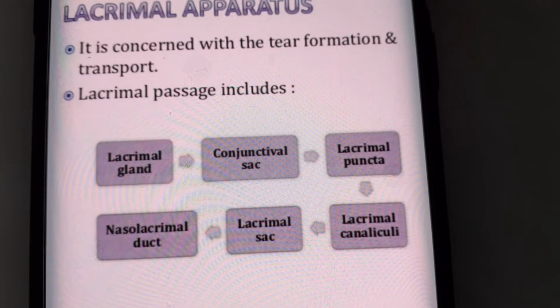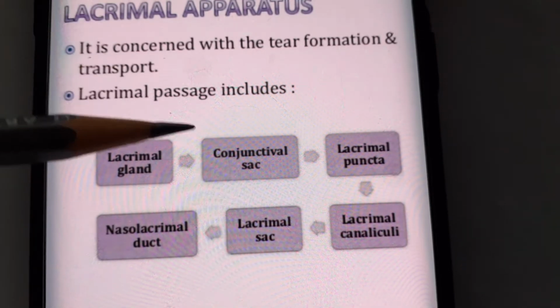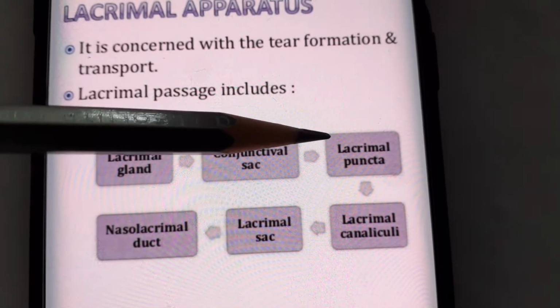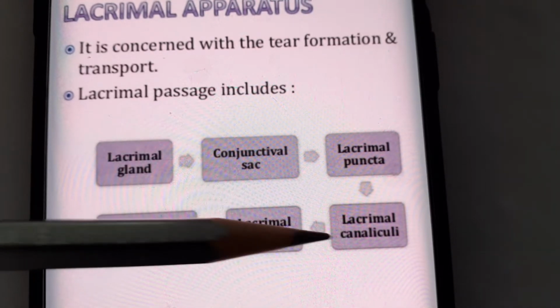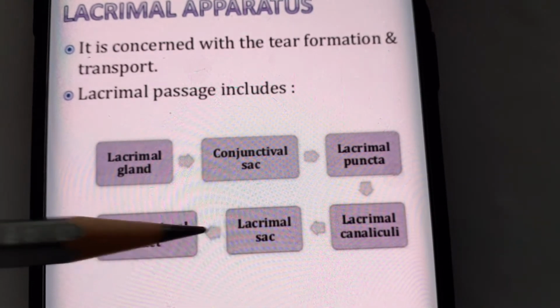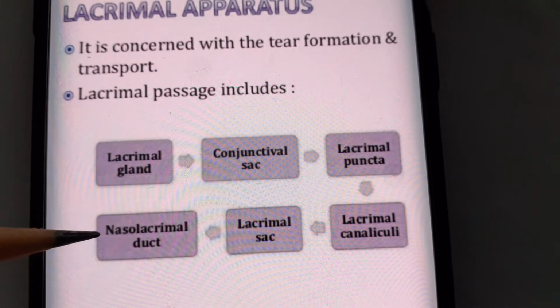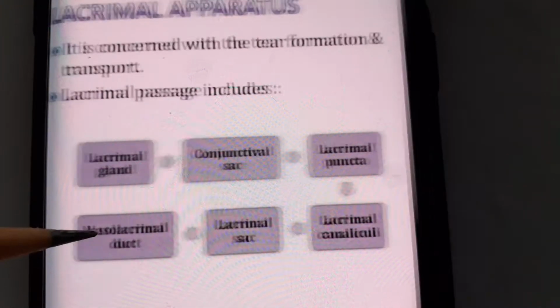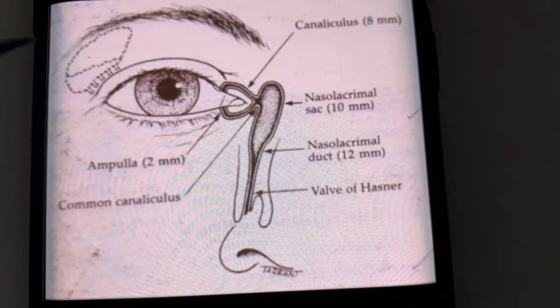Lacrimal apparatus consists of lacrimal gland and its duct, conjunctival sac, lacrimal puncta, lacrimal canaliculi, lacrimal sac, and ultimately drained by nasolacrimal duct. So the first component is lacrimal gland.